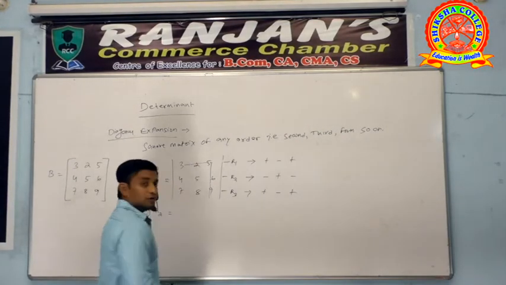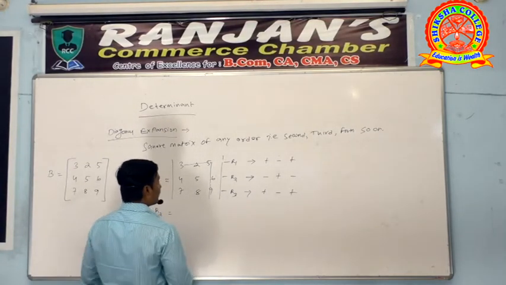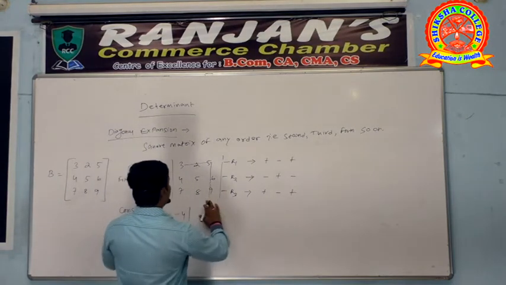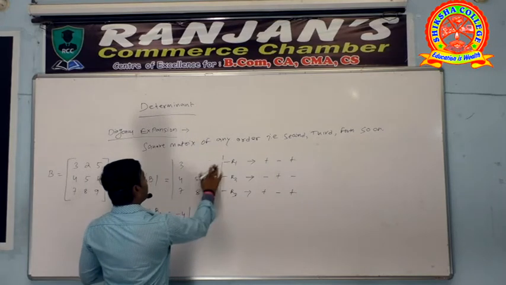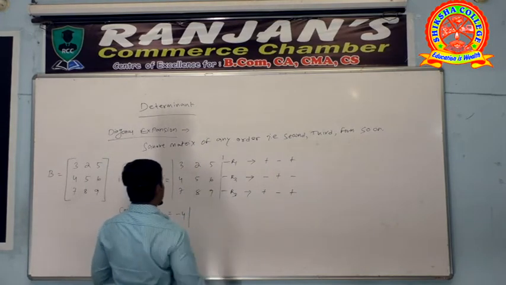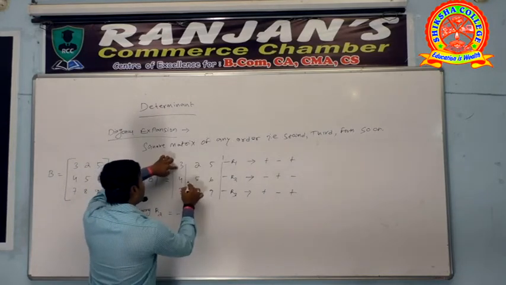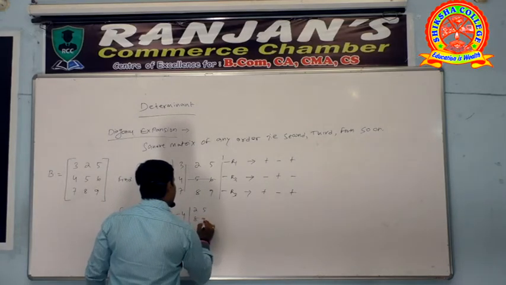Okay, so now we are considering row 2, that is minus 4. Now we need to delete the row and column we consider. So now left 2, 5, 8, 9.